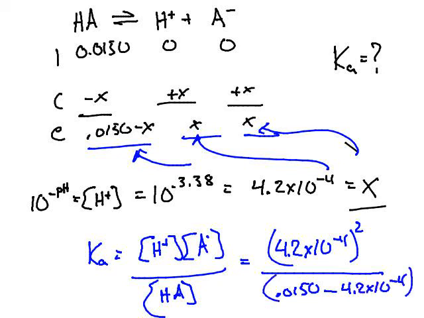So I'm going to just type that into my calculator. 4.2 double E negative 4 squared divided by parentheses 0.015 minus 4.2 double E negative 4, close parentheses, and I get a Ka equal to 1.2 times 10 to the -5.